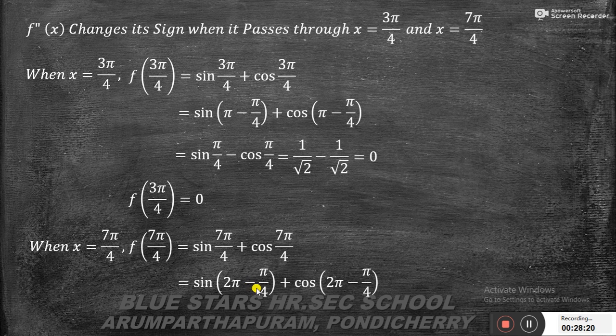Suppose there are four lines: 0, 90, 180, 270, 360. With the minus sign we rotate downward, which means it starts from 360, after that 270. Here you see 2 pi.